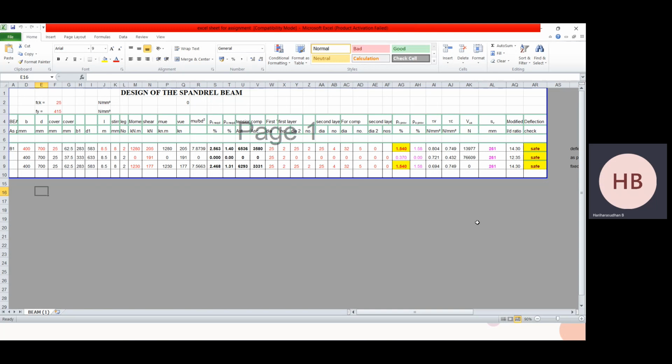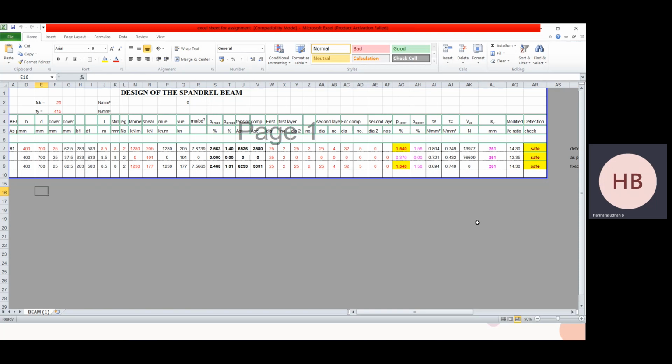Then the effective cover is equal to nominal cover plus diameter of bar divided by 2 plus diameter of stirrups. Then the effective depth and effective width have been calculated by subtracting the effective cover from the depth and width. Then the length of the beam is assumed.